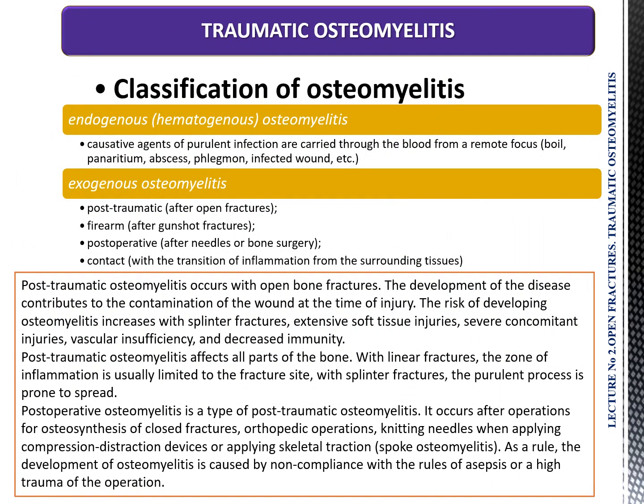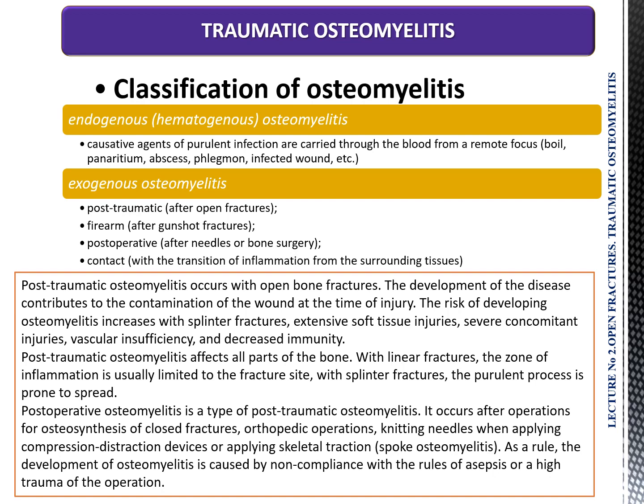The next type of classification depends on the way in which the microorganism enters the body. In the general surgery course, you have covered endogenous or hematogenous osteomyelitis. In this case, the causative agent of purulent infection is introduced into the bone most often through the blood, that is, hematogenously, from a purulent focus already existing somewhere, whether it is a small one, a boil, or a larger abscess or phlegmon.